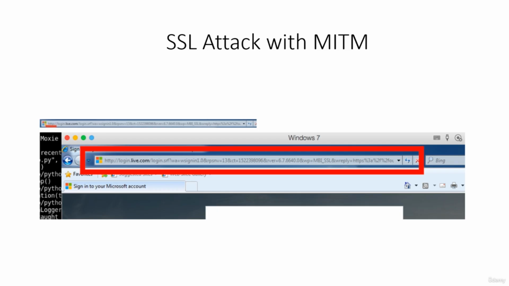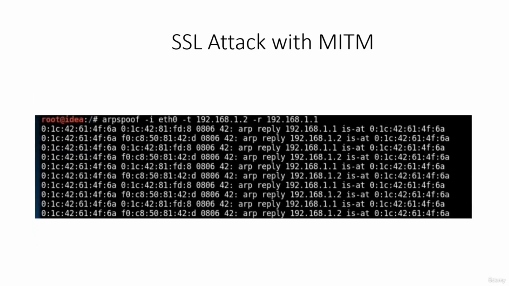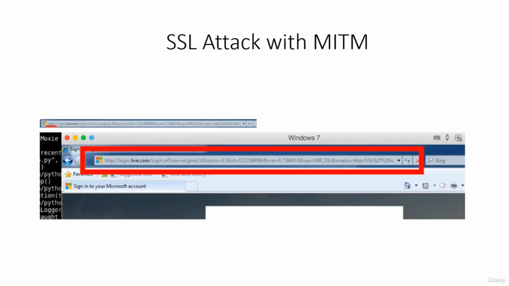A man-in-the-middle attack can be based on the Address Resolution Protocol, ARP, on the network. The ARP table in the switch contains the IP-to-MAC matching of all the connected devices in the network, as we previously used with arpspoof. The ARP table of the switch can be changed by the attacker.